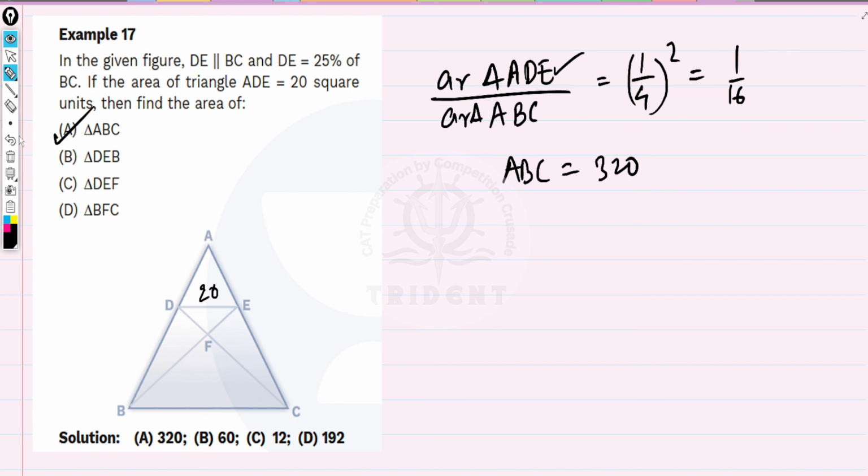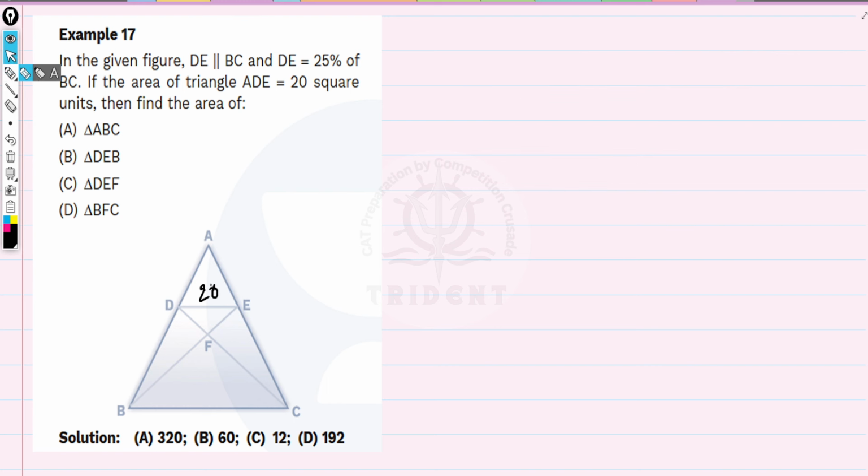What about the second part? In the second part, we are supposed to find this area, DEB. Now how do I find this area DEB? Now please pay attention, this is where it might get a little difficult for some students.